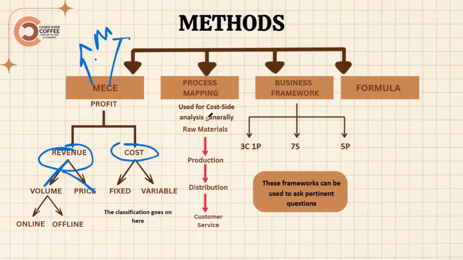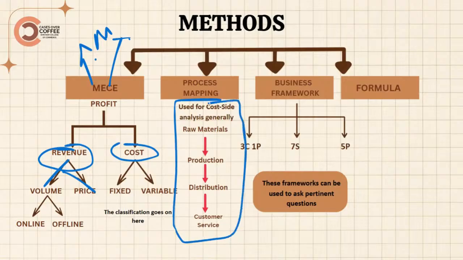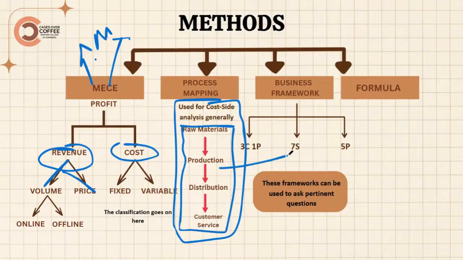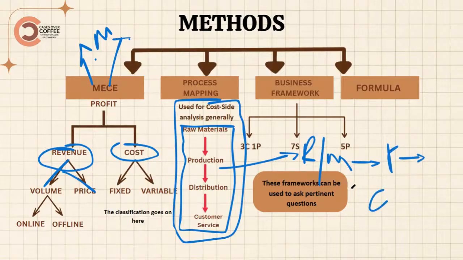Then we have the process mapping. I have explained this in my previous session, so I'll be explaining that again. The process map can differ from industry to industry, case to case. For example, in this case, I have taken a very simple case where there's a manufacturing company, and they have the raw material, then the production, they have the distribution channels, and they have the customers.